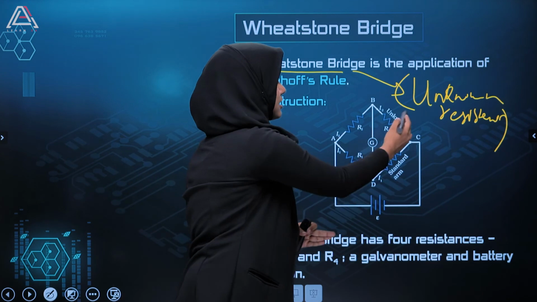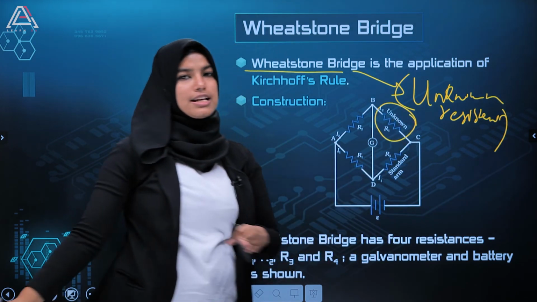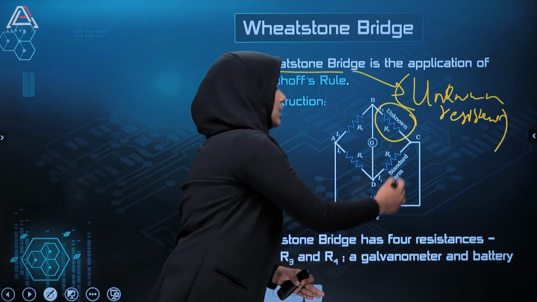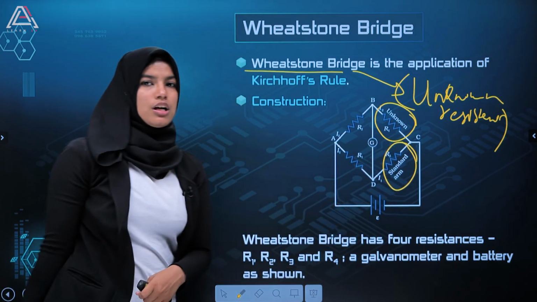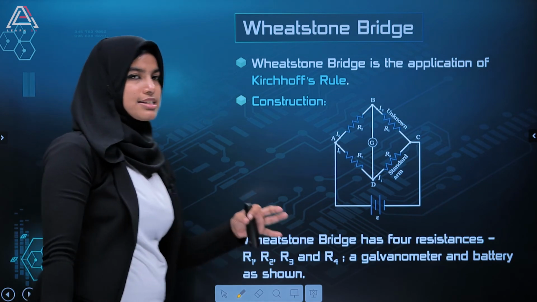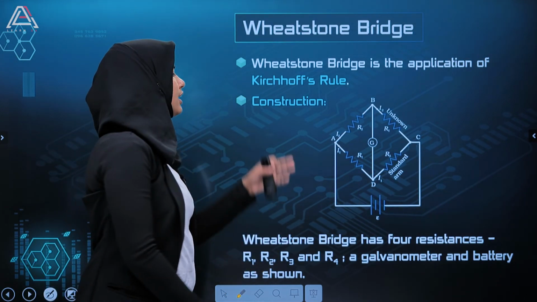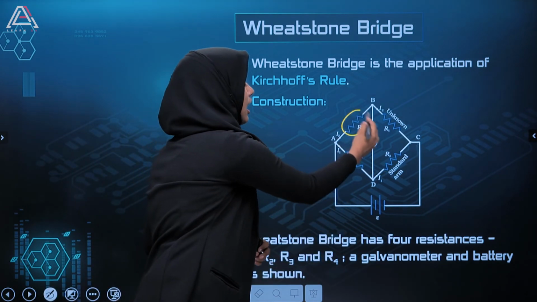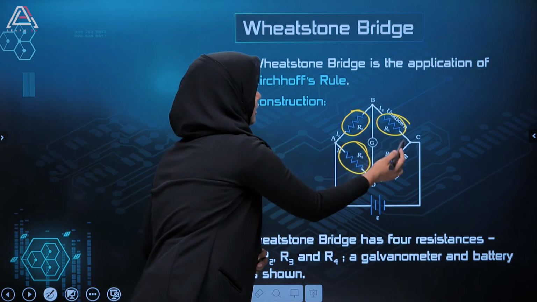The unknown resistance that we have is taken as R4, and across it we keep a standard arm. The construction can be explained as follows. Here you have 4 resistors, R1, R2, R3 and R4.